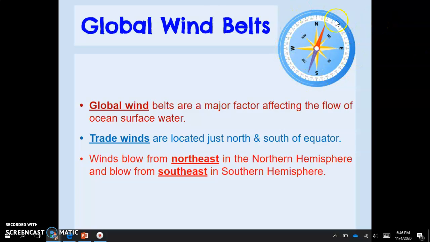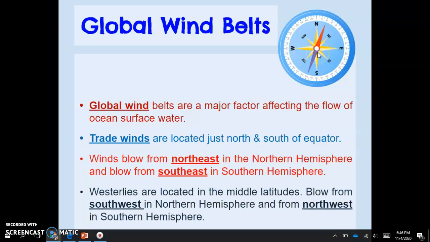So if we take a look at our compass up here, these winds will be coming from the northeast. So they'll be coming from this direction and they'll be flowing towards the equator. And then in the southern hemisphere, they'll blow from the southeast. So down here is where the southeast is, in between our south and east. So our winds will be flowing up from this direction.